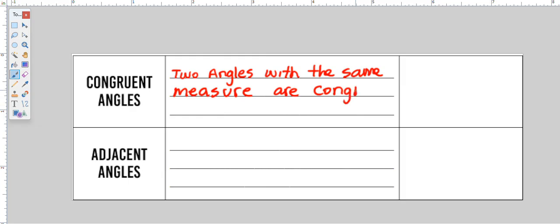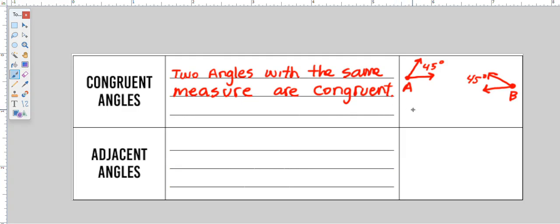For example, we'll name this angle A, and it's, I don't know, 45 degrees. And then over here, we have another angle, and we'll call this angle B, and it's also 45 degrees.